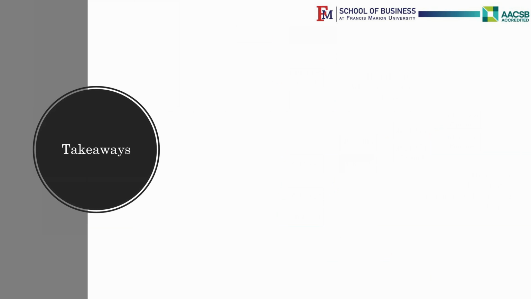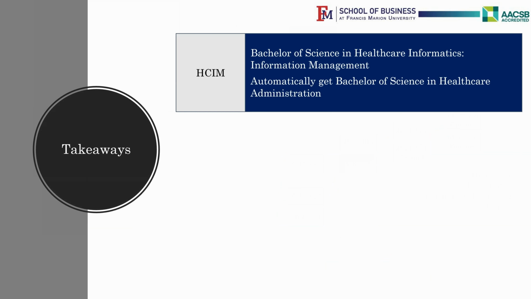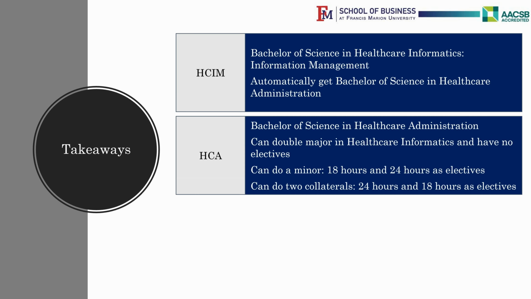To recap, the Bachelor's of Science in Healthcare Informatics Information Management track majors automatically get a second degree in Healthcare Administration. The Bachelor's of Science in Healthcare Administration majors can choose to double major in HCIM or do a minor or collateral and use the rest of the hours as electives.